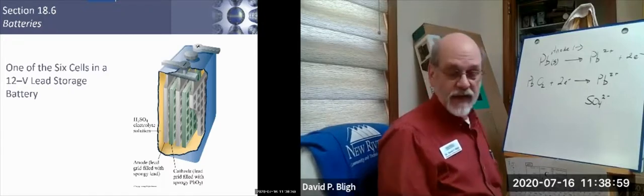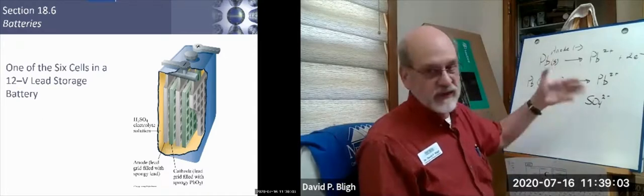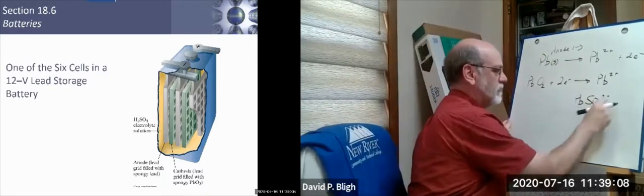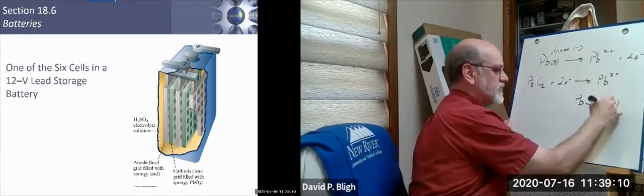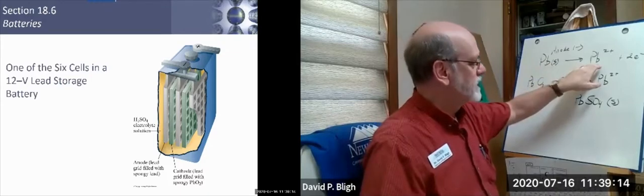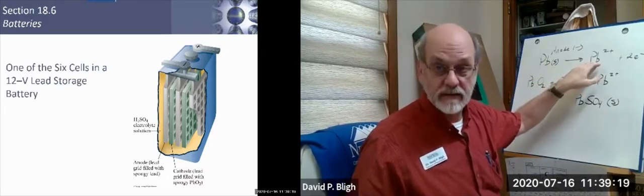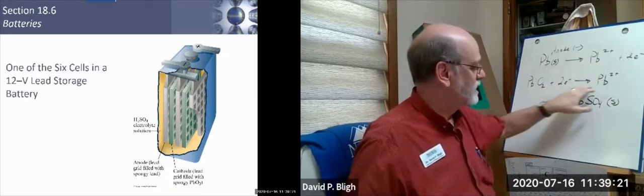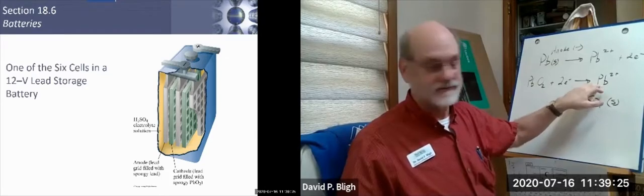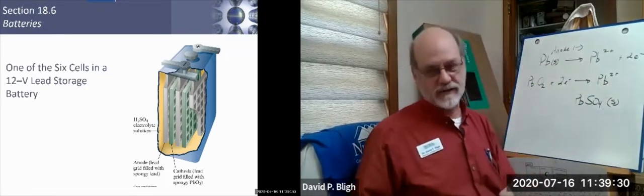And lead sulfate is insoluble. So I said that's in solution, but it's not. This is a solid. At this electrode, lead 2 sulfate is deposited on the plate. And at this one, lead 2 sulfate is deposited on the plate as a product of the reaction.